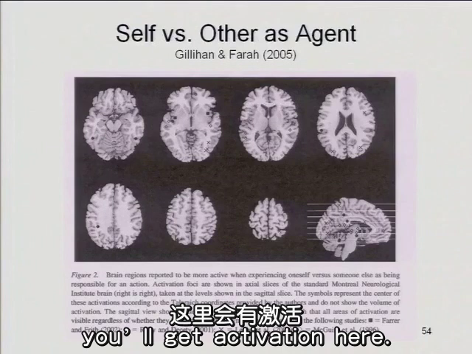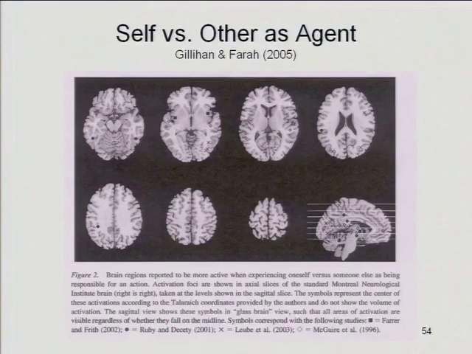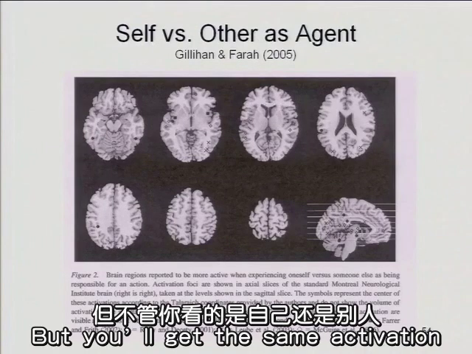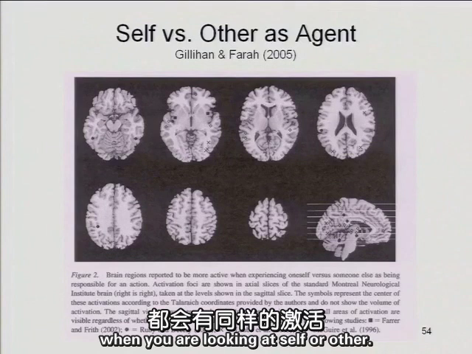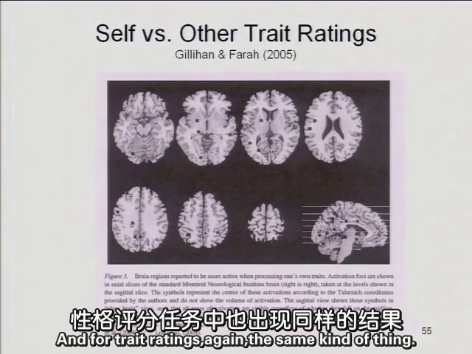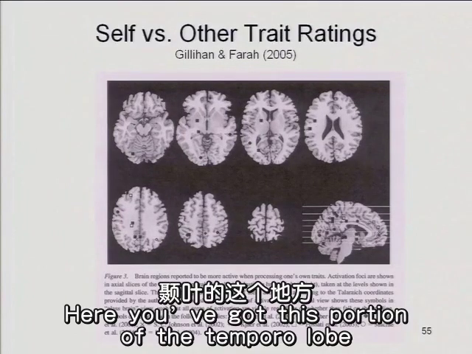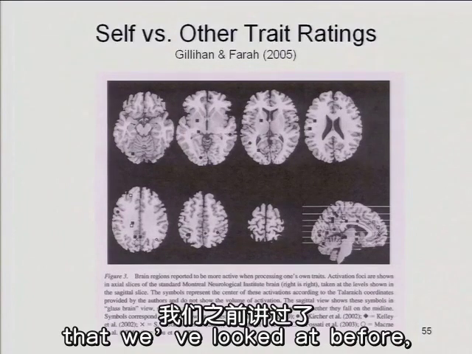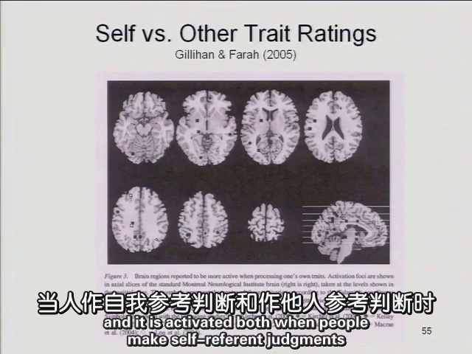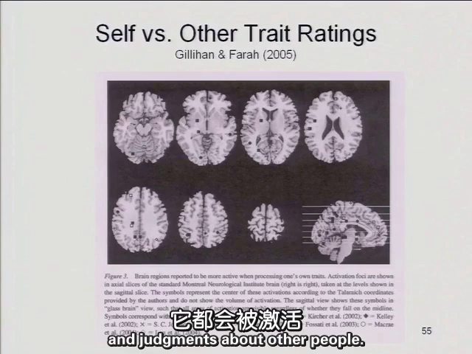You get the same activation when you're looking at self or other. And for trait ratings, again, the same kind of thing. Here you've got this portion of the temporal lobe that we've looked at before, and it is activated both when people make self-referent judgments and judgments about other people.